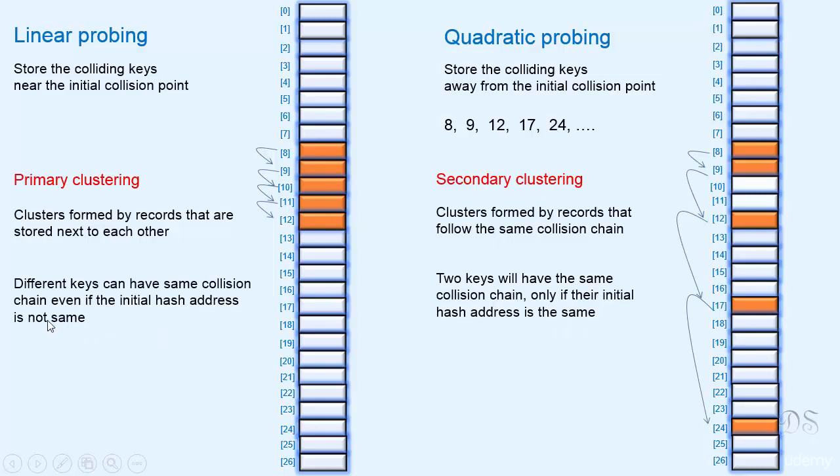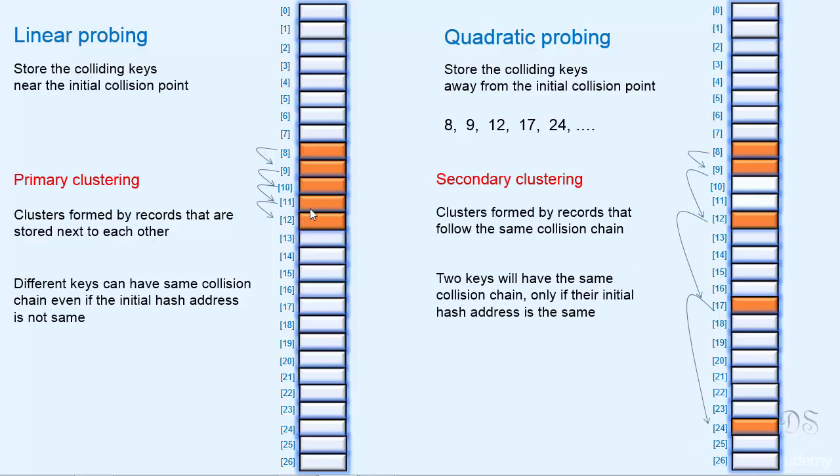In primary clustering, different keys can have the same collision chain even if the initial hash address is not the same. For example, here only keys that are mapped to location 8 will follow this collision chain. Keys that are mapped to location 9, 12 or 17 will follow some other collision chain. So only keys that are mapped to location 8 will be added to this cluster.